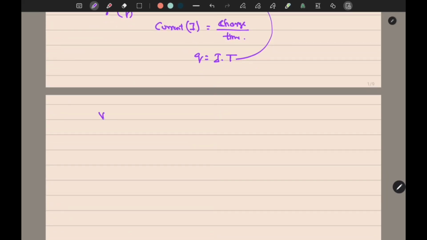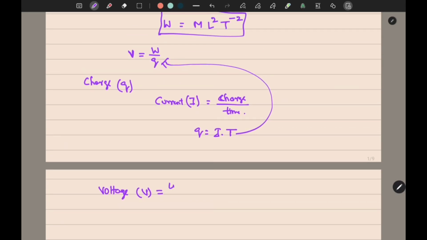So from this, voltage V is equal to work done per unit charge.